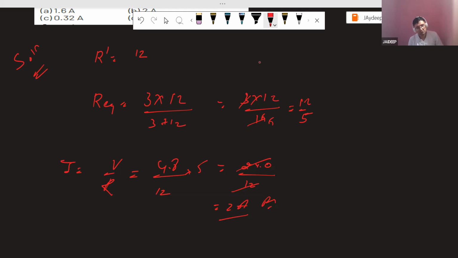Resistance at temperature 0 degrees C. Good. What is the relation between current and drift velocity? Farhat, I equals to... formula. I equals nAeVd.